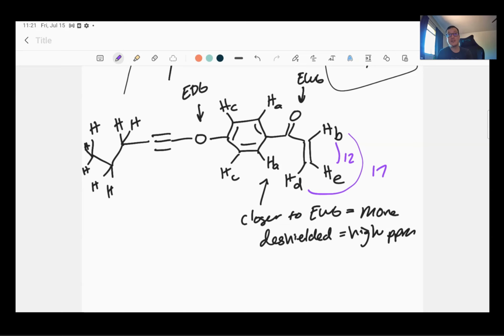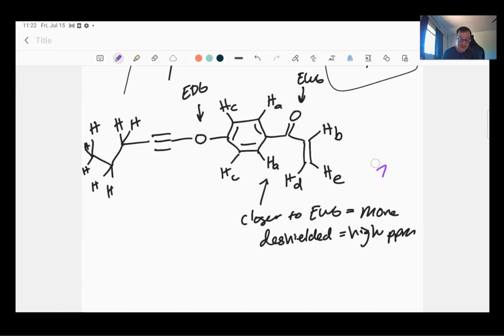So we're expecting that to be a farther apart doublet of doublets, right? So D is farther apart than E is, but we also see that D is closer to that carbonyl, so we expect D to be a little bit more downfield. So normally geminal ones you'll see very close together, but this D is close to the carbonyl there.